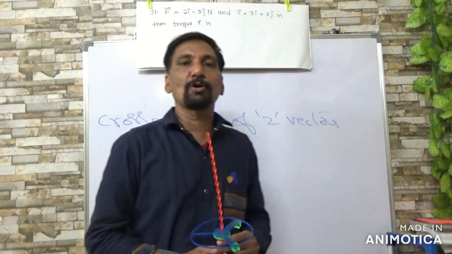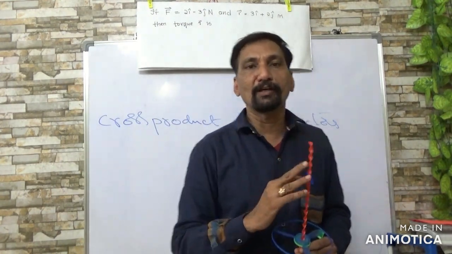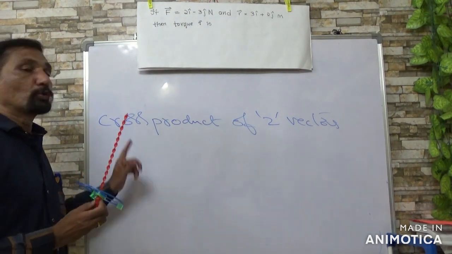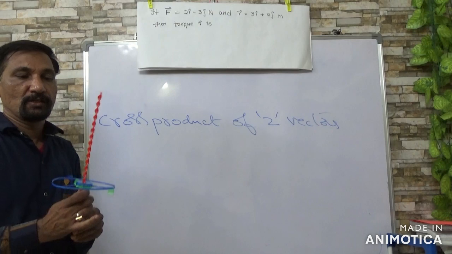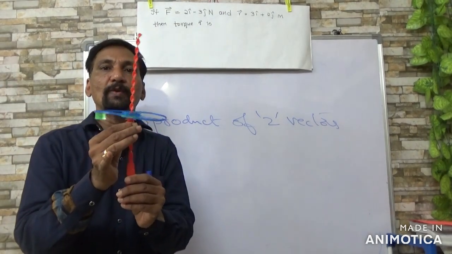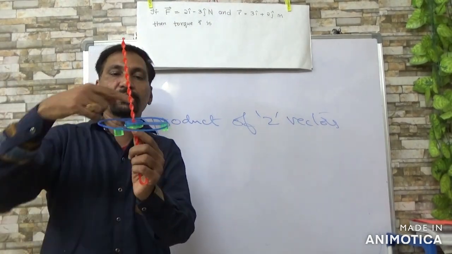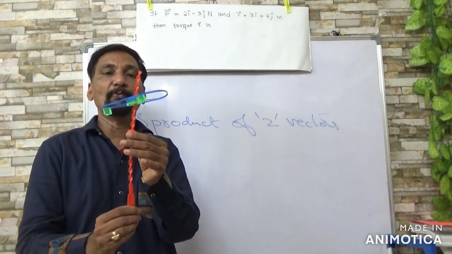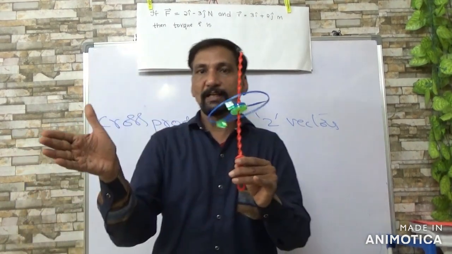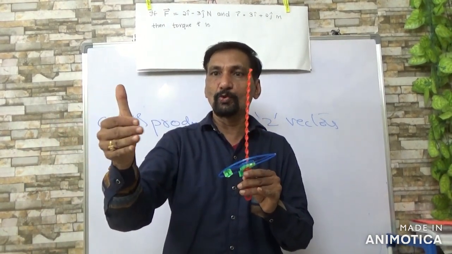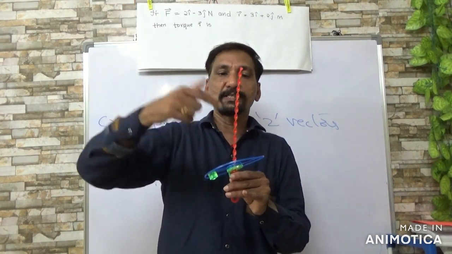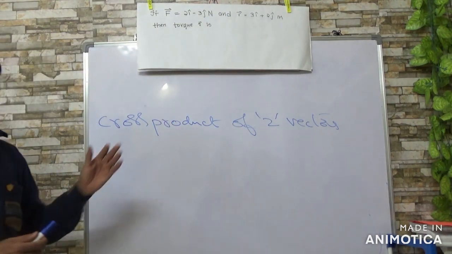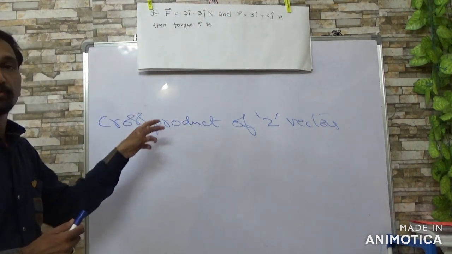Now based on cross product also you will definitely be given one question. So how to find the cross product of two vectors? See, when you are taking two vectors on this plane, the resultant is moving in the upward direction like this. In physics we solve many problems based on cross product.